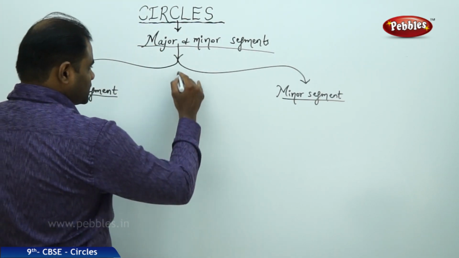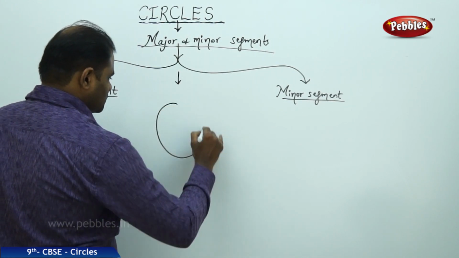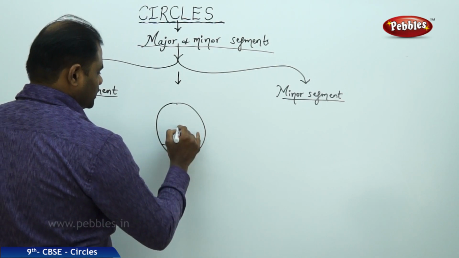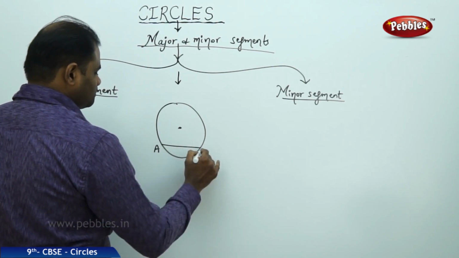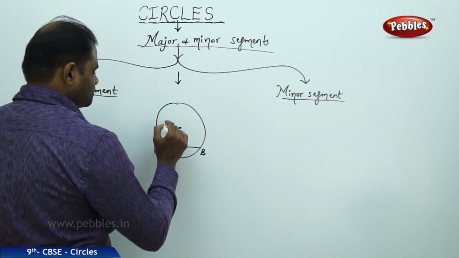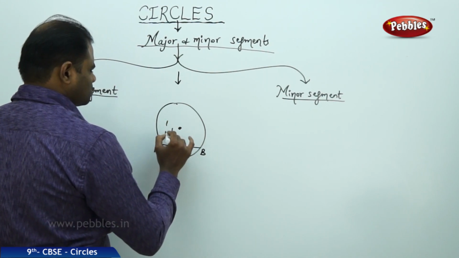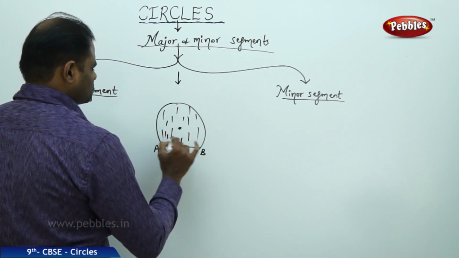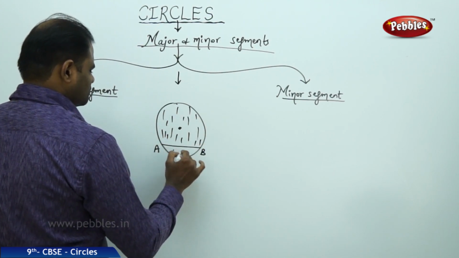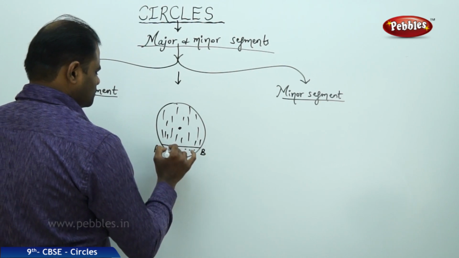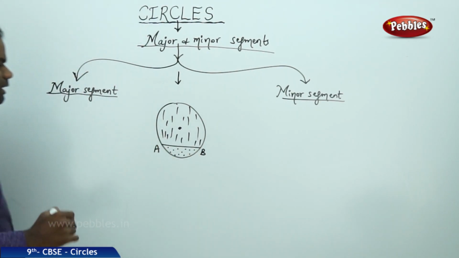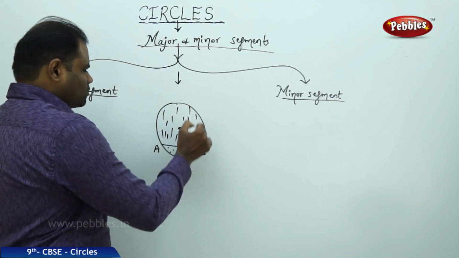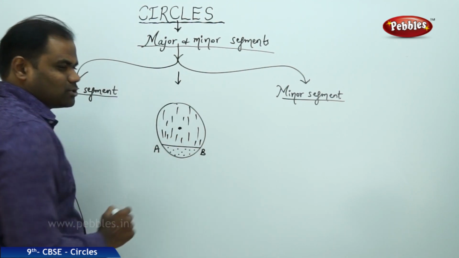So imagine I take a circle with the chord AB. Then clearly I find 2 regions: segment 1 and segment 2.